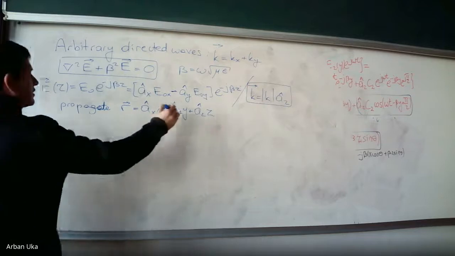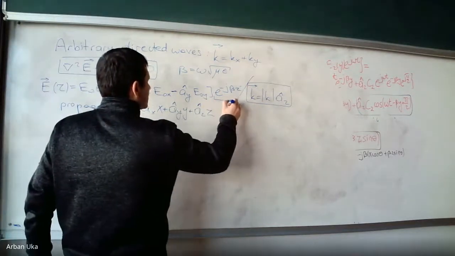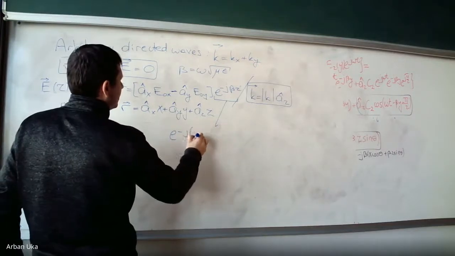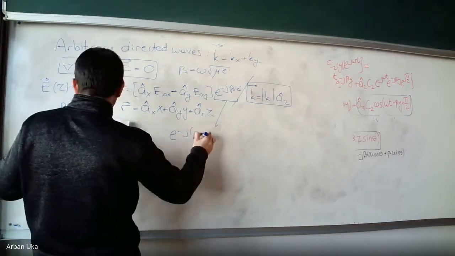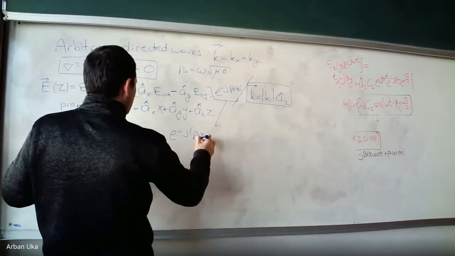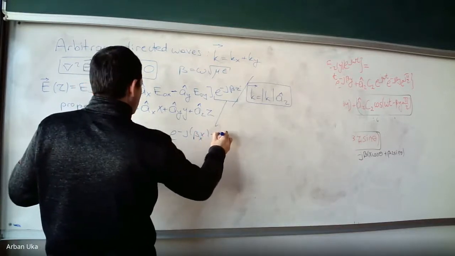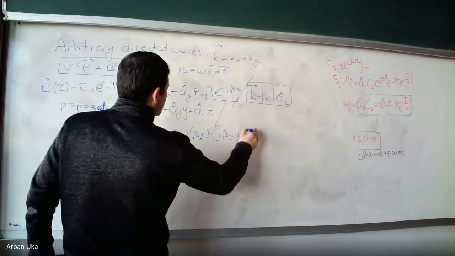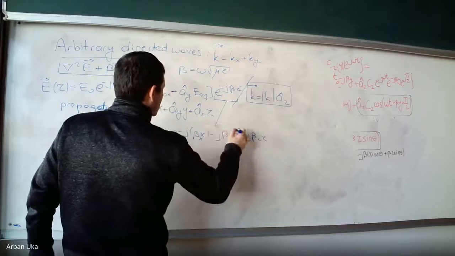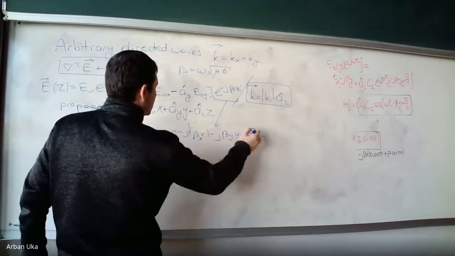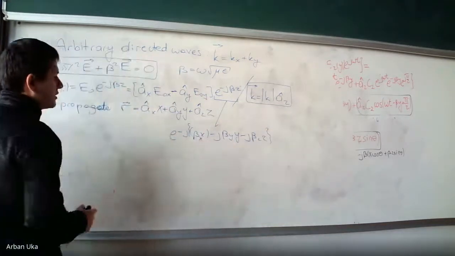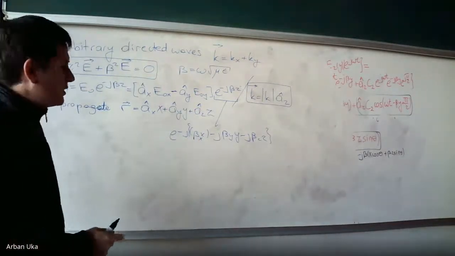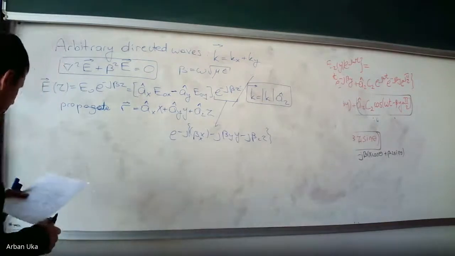This term here would be substituted by e to the power minus j beta x x minus j beta y y minus j beta z z. Okay, so this is all in the parentheses of the exponential term. This is the continuation of what we argued in the previous hour.